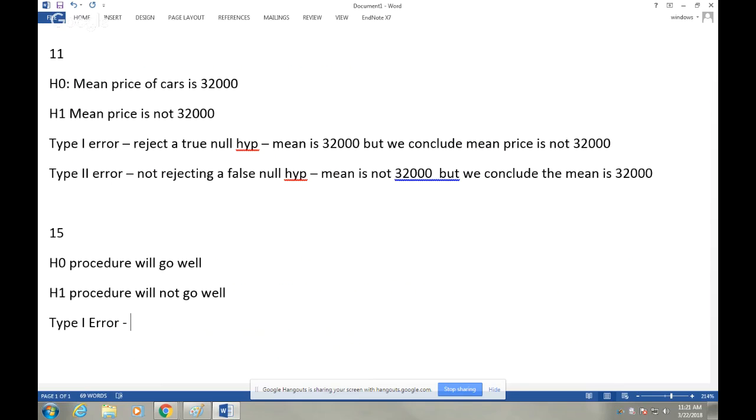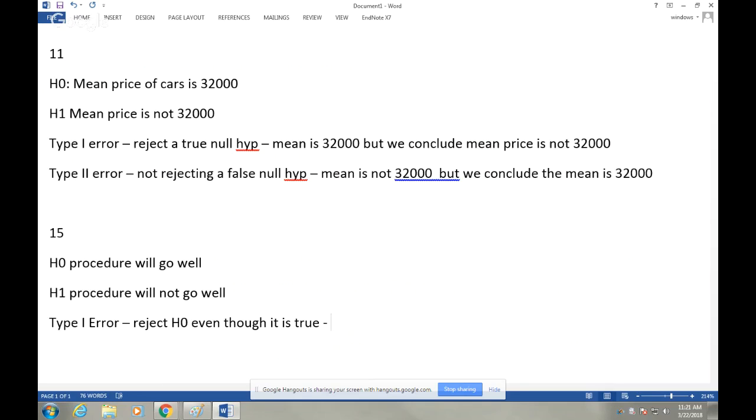And so my first thing is to state the definition. That definition is rejecting H naught even though it is true.